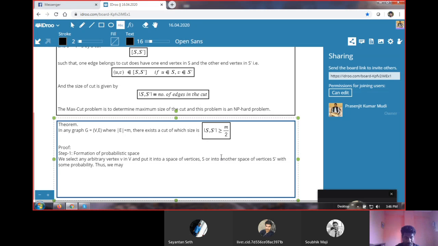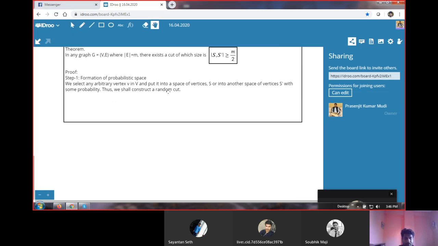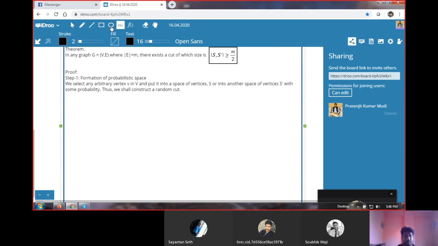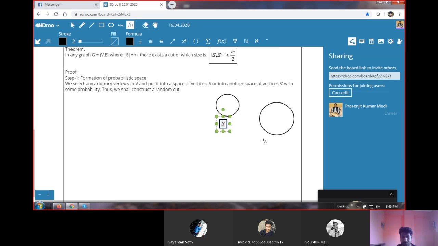Thus we shall get a random cut. This is S and this is S bar, and this is, let's say, my vertex V. I will have some probability to put that vertex V into S, or some probability to put that vertex V into the vertex set S bar.